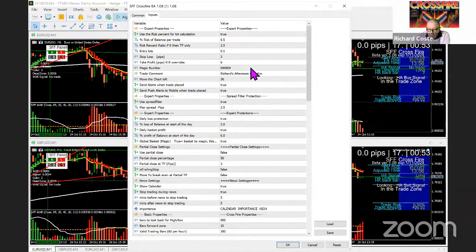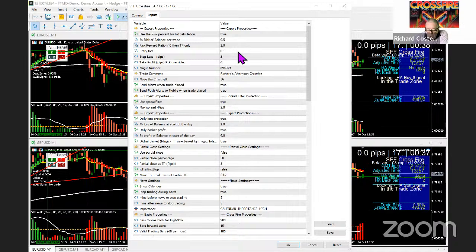Now, I don't know if you noticed, but I've got this magic number on all 4 afternoon pairs. I have a different magic number for the morning pairs.